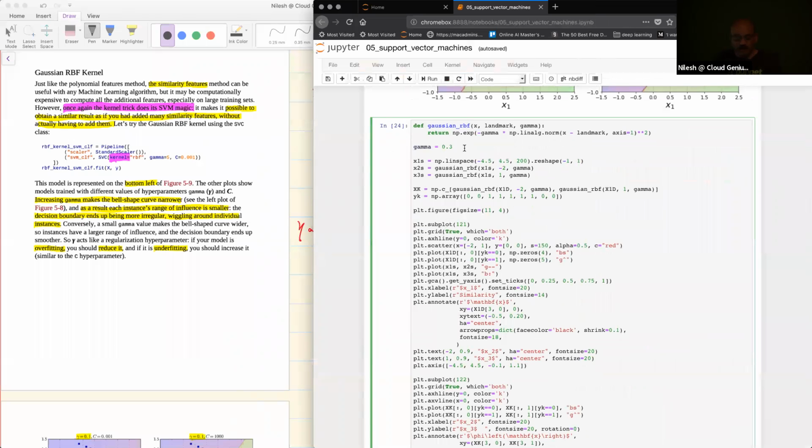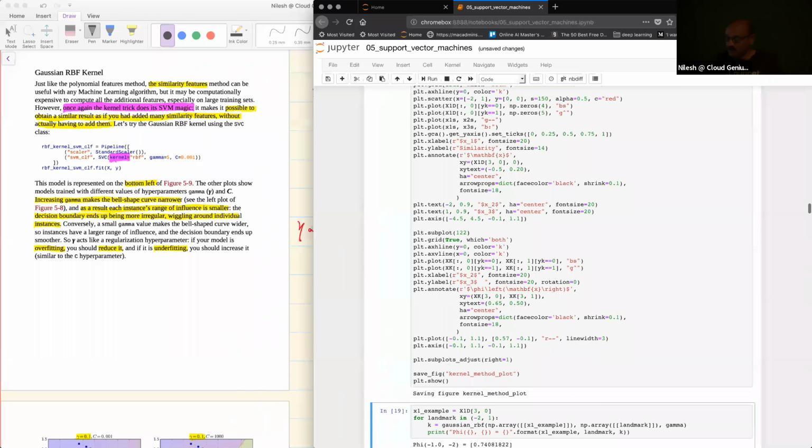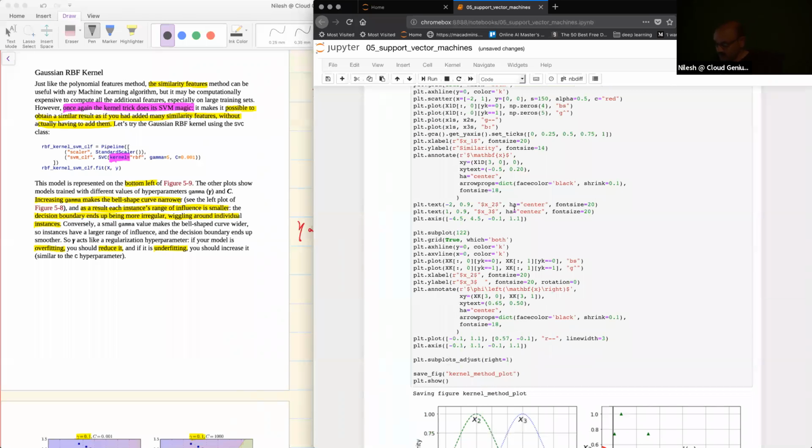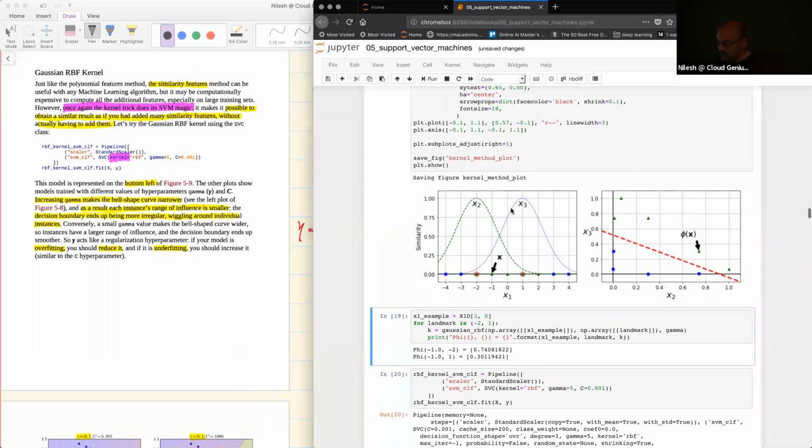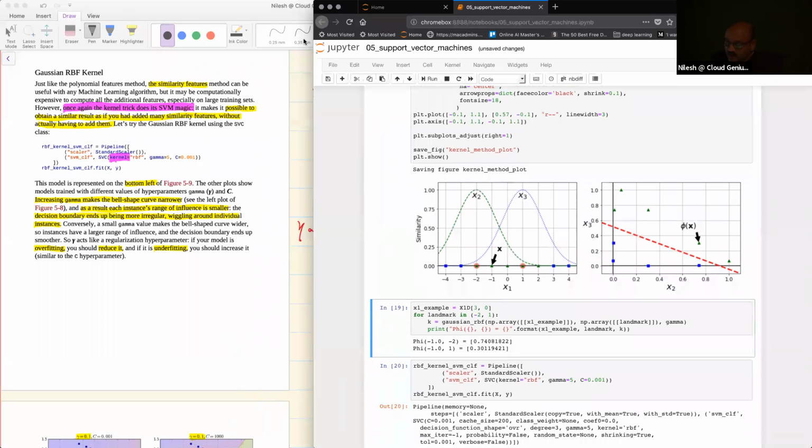We'll go with that, and we'll execute this instruction set. And then we have a set of plots. The plots basically show you the transformation that we just saw happen, which is where this point ends up there, like that. And our x1 has gone. We don't use it anymore. We just use x2 and x3, because this is not going to be used. The new plot of data, which allows us to linearly separate, is what we intend to use.